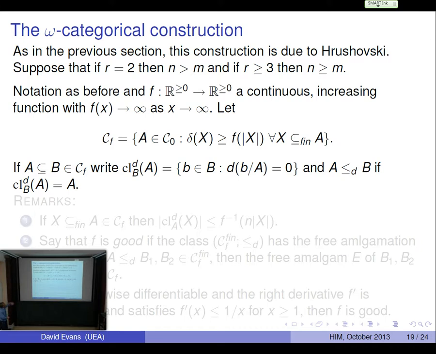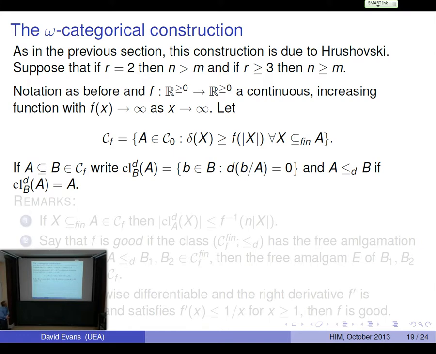Okay, so the same setup as in the theorem on the previous slide, but now we've also got this function f, so it goes from non-negative reals to non-negative reals. It's continuous, increasing, tending to infinity as x tends to infinity.